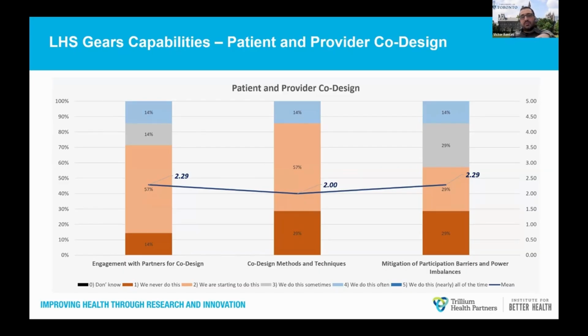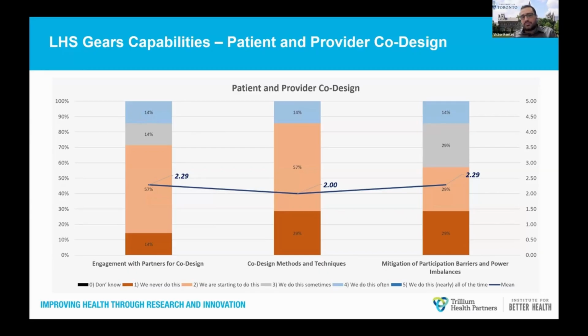And then using co-design methods and techniques, we got a mean score of 2 with some variability. And then the last one, it's about mitigation of participation barriers and ensuring that power imbalances are explicitly addressed. And that's the one where we see the most variability in our sample's responses, right?